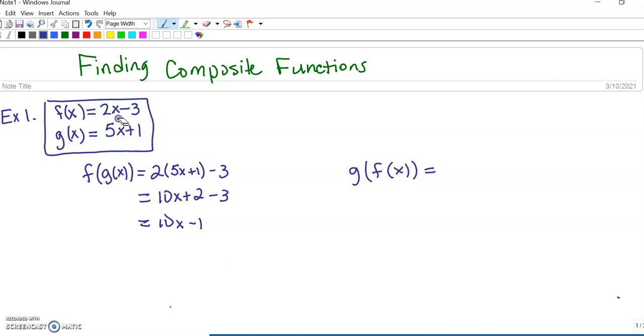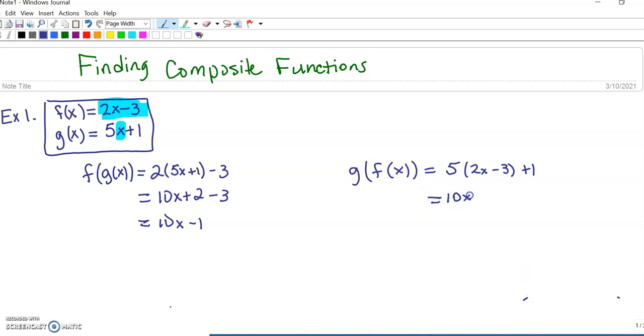But if we need g of f of x, we have to do it the other way. We're going to be taking the entire f function and putting it into the x position in the g function. So 5, instead of where the x is, we're going to replace it with the 2x minus 3, and then simplify the algebra.